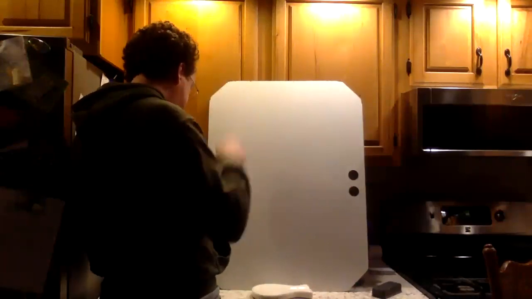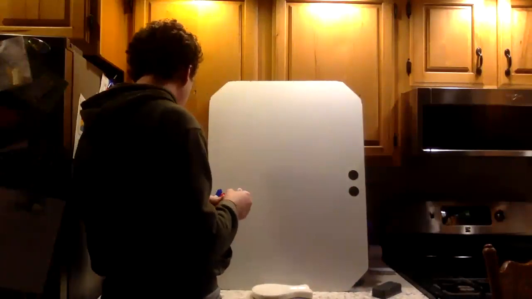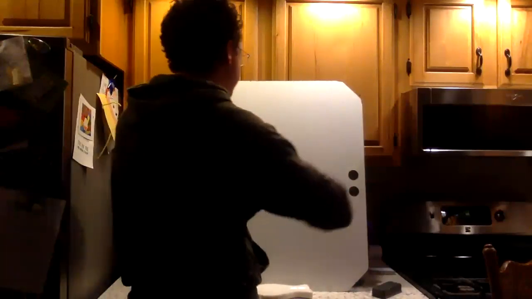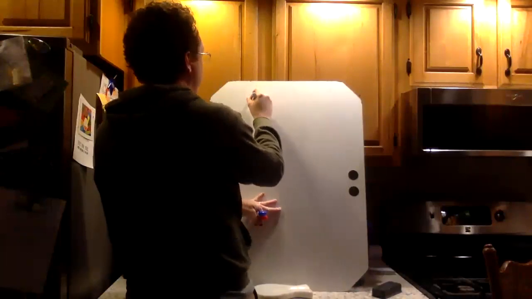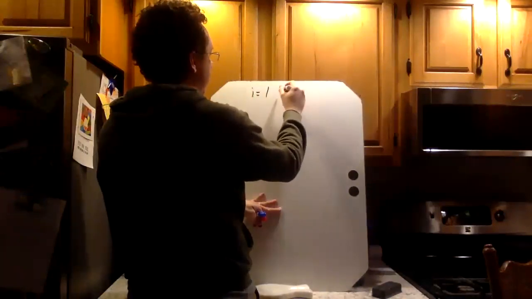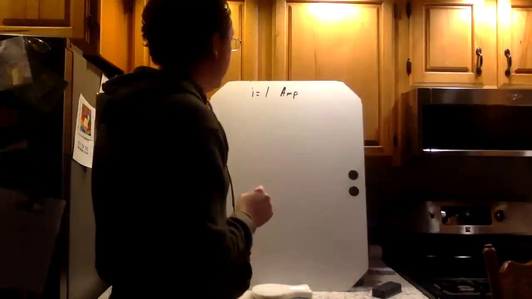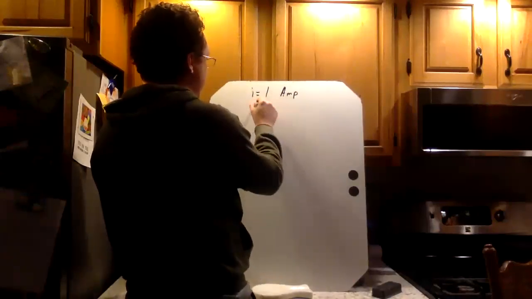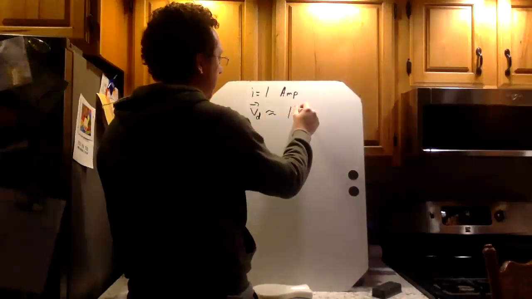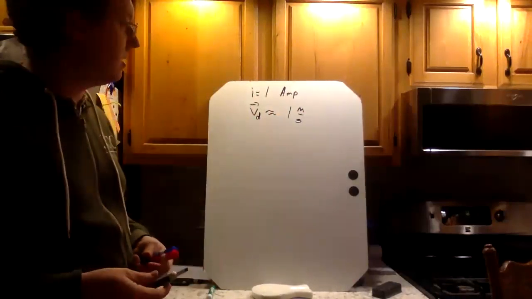So let's do a simple example. Let's assume we have a current of 1 amp and let's assume that the drift velocity was roughly 1 meter per second.